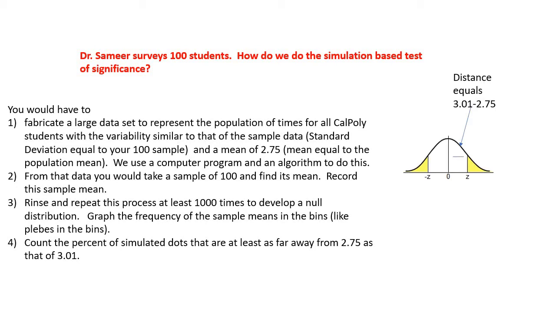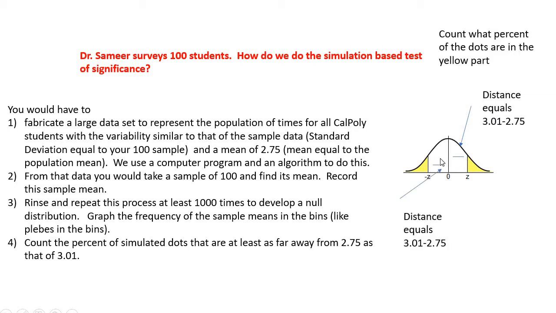I made a little diagram here. This distance from the mean to where I need to cut off is going to be 3.01 minus 2.75. That's the distance. And this distance right here is also going to be the same distance. And I'm counting the percentage of total dots that ended up in this yellow area. That's my p-value. And that's how I do the simulation-based test of significance.